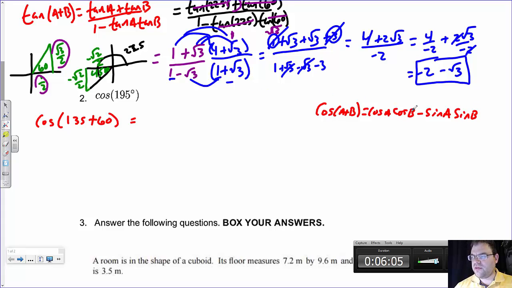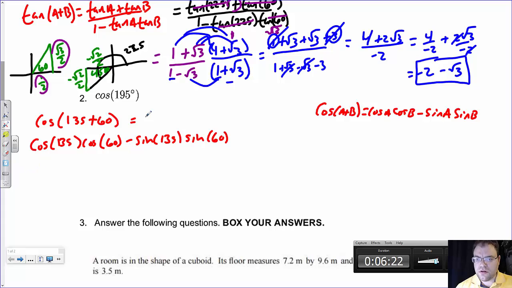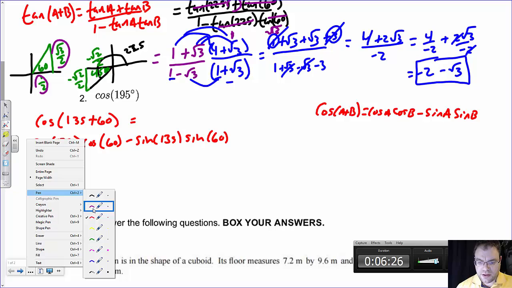For cosine, remember, if it says plus, we're going to use the minus. So what I really have here is cosine of 135 times the cosine of 60 minus the sine of 135 times the sine of 60. So let's just take a look at where those angles would be.